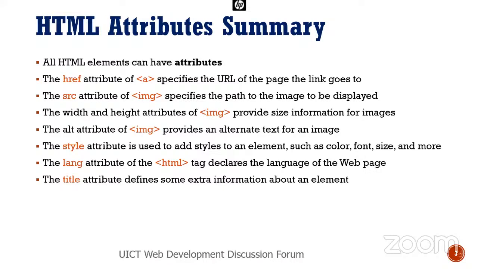We know what the URL is. Then the src attribute of img specifies the path to the image to be displayed. Then there is one for the width and the height of the image, and the alt attribute of img provides an alternate text for an image. There is the one for style, one for language, and the title.